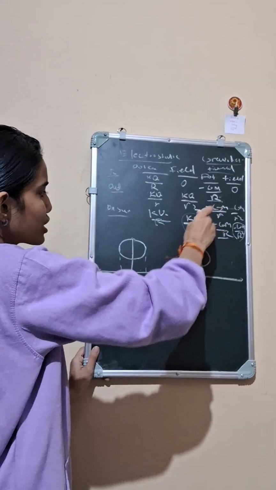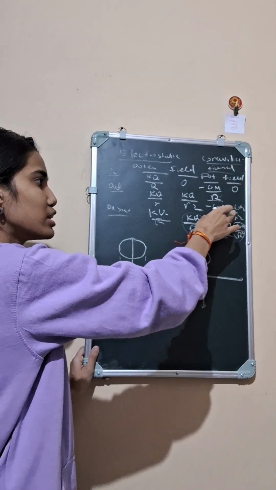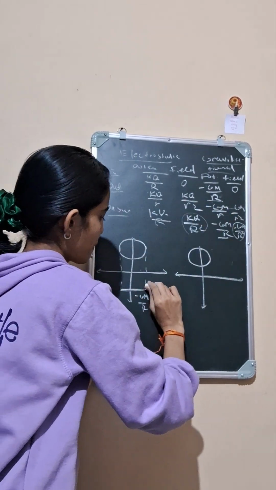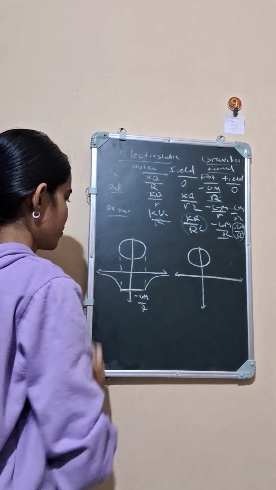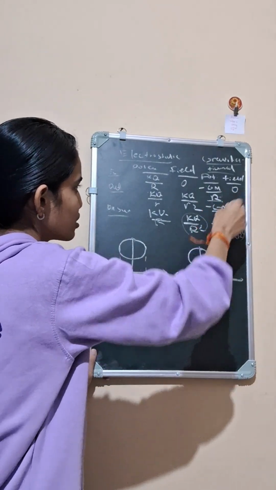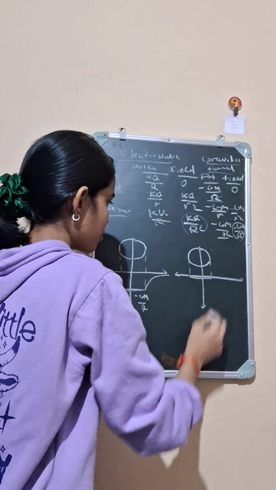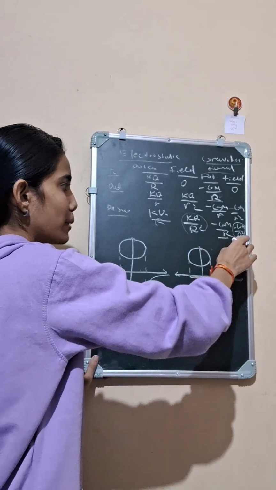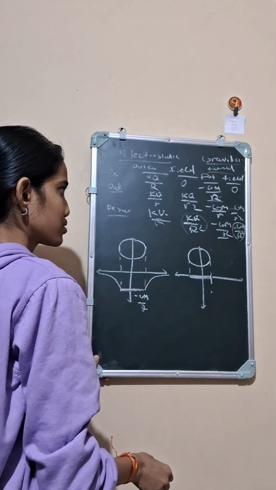And it will decrease as the distance increases, and if the distance is near infinity it will tend to 0, means it will look something like this, right? And the field will be 0 for a point inside, but suddenly it will have the magnitude of minus Gm by capital R square.